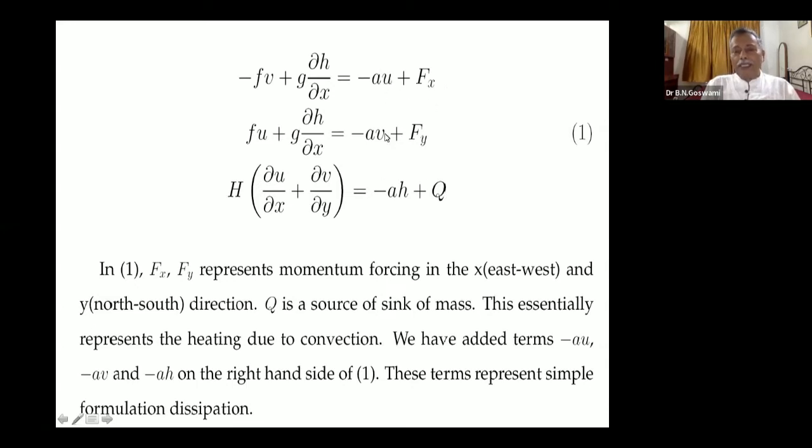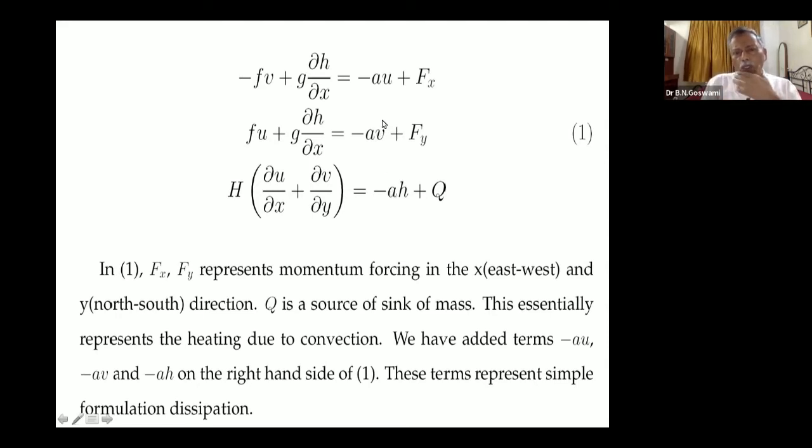Now, dissipation is represented here in a very simple way, with what is known as Rayleigh friction for the winds or the momentum, and what we call Newtonian cooling for the heating or mass circulation.